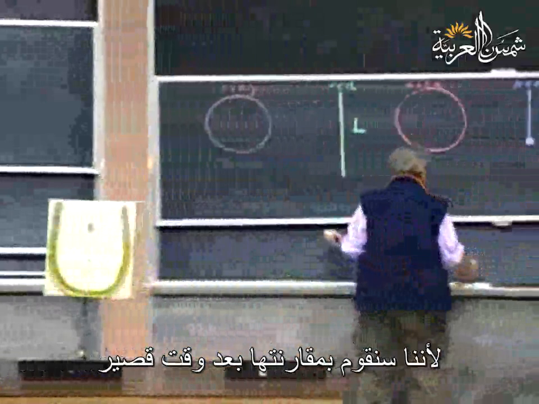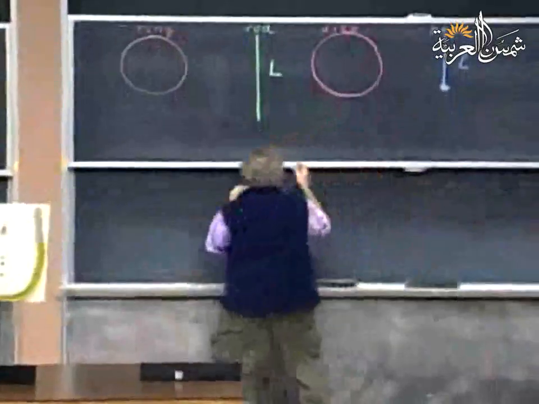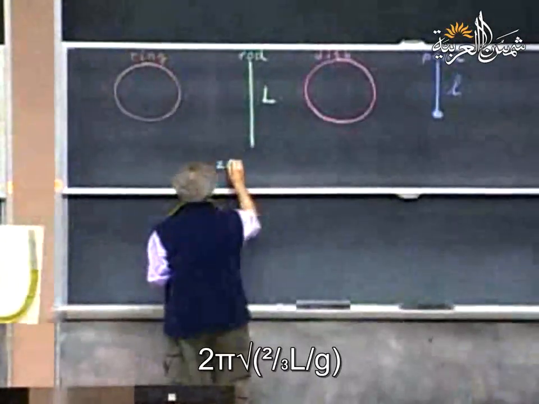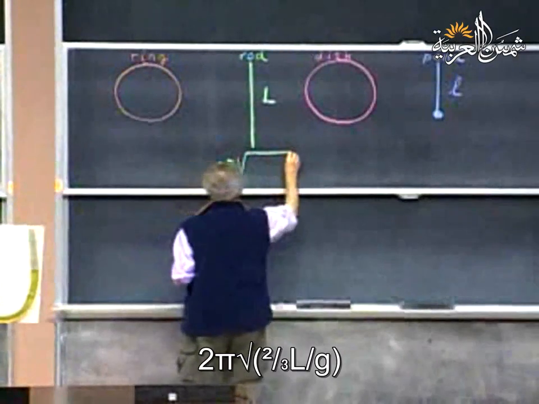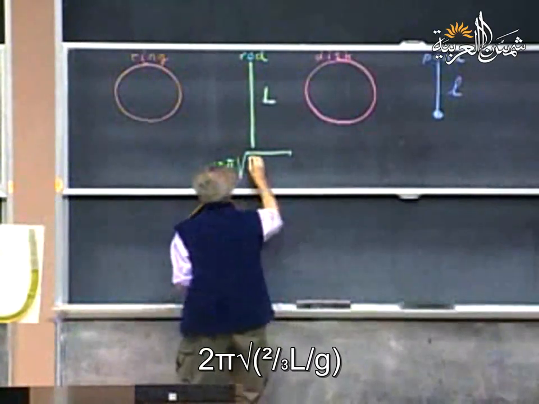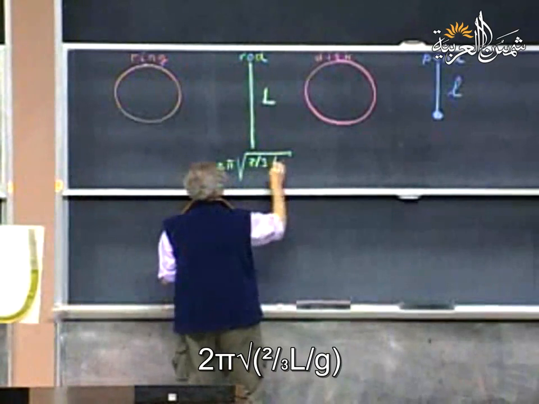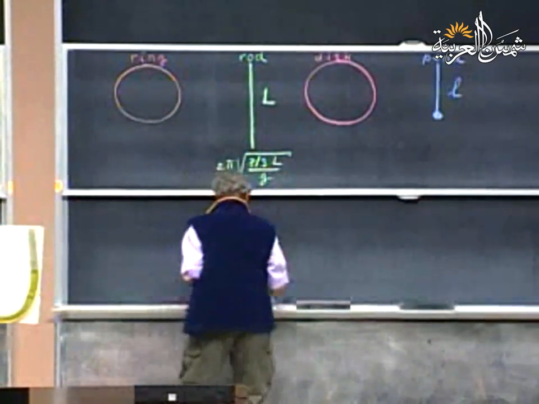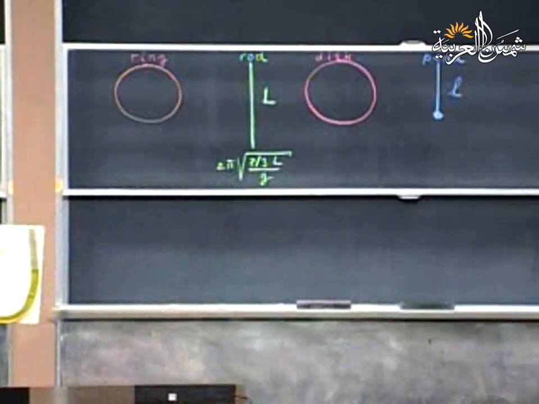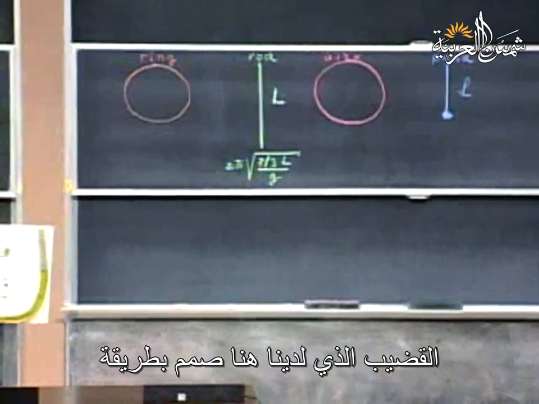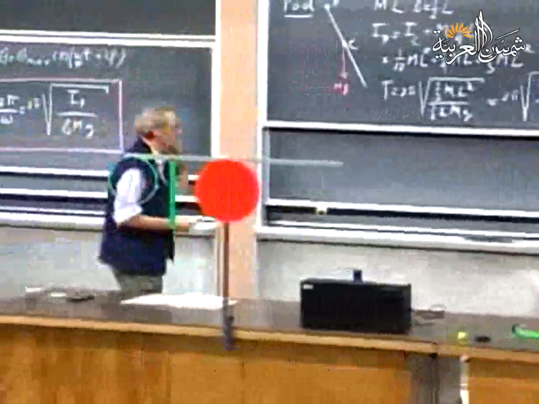So let's write that under here, because we're going to compare them shortly. So this is 2 pi times the square root of 2/3 L divided by G. The rod that we have here is designed in such a way that the period is very close to 1 second.